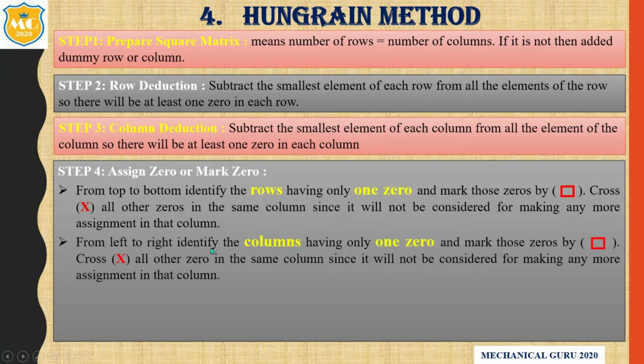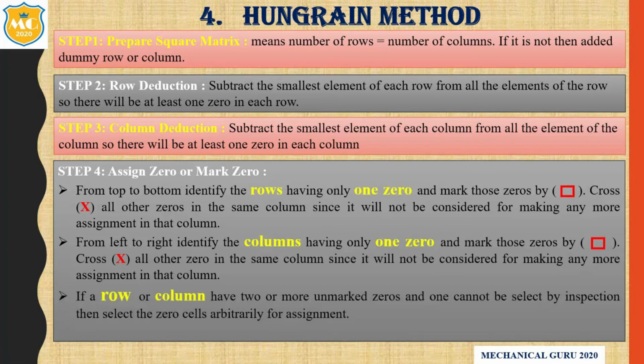The next, from left to right, identify the columns having only one zero and mark those zeros by a square and cross all other zeros in the same row since they will not be considered for making any more assignment in that row.